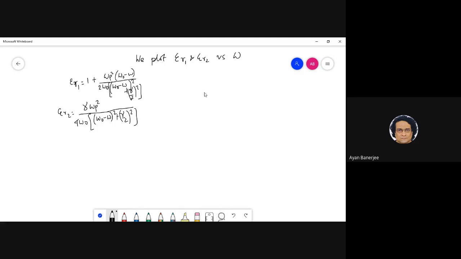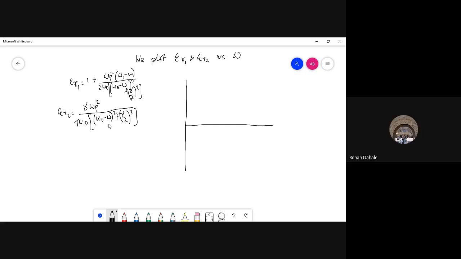So that is one of the reasons that we typically look at this kind of thing. Now if I just draw this graph, what happens at omega equal to 0 here? How much is this?